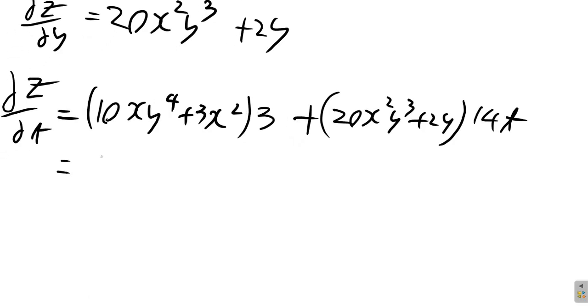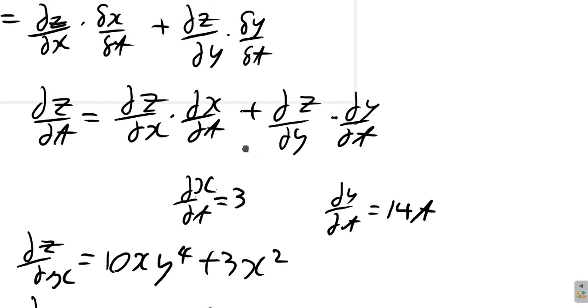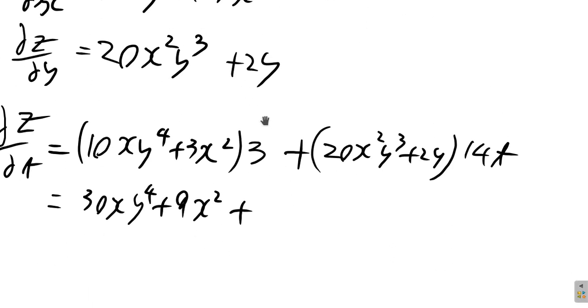So if you multiply out the brackets, this is 30x y to the fourth plus 9x squared plus, now t is negative 3, so multiplying 14 by negative 3, what do we get? Alright, so where's my calculator?